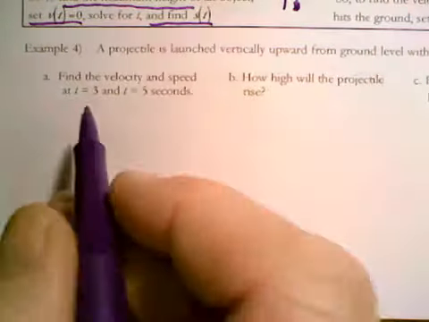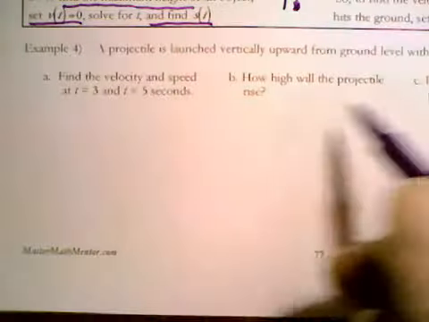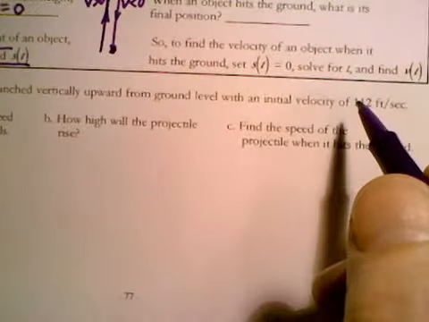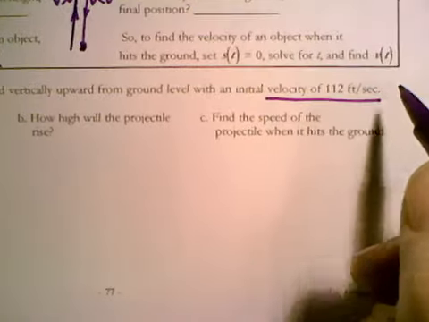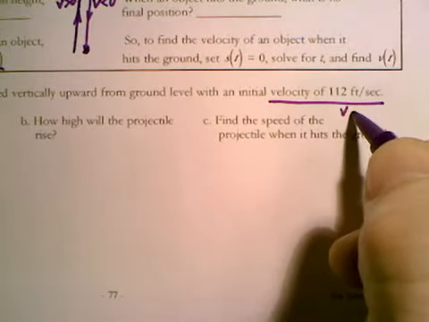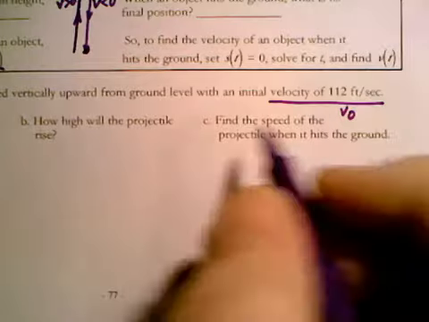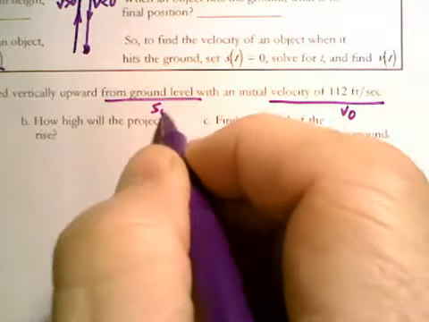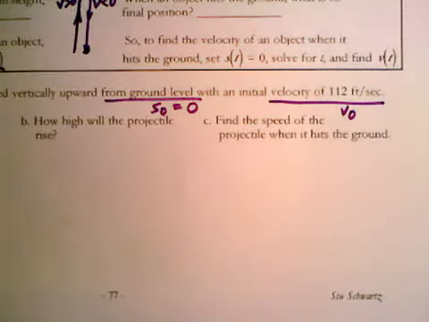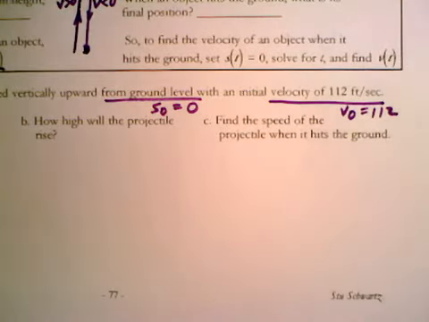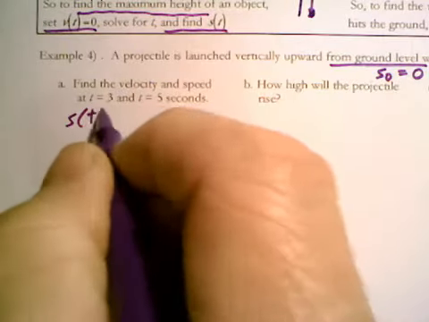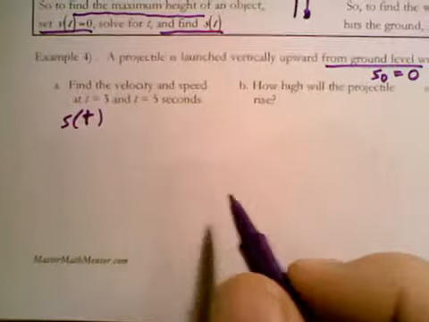The velocity and speed at t equals 3 and t equals 5. Well, first of all, the projectile is launched vertically upward with an initial velocity of 112 feet per second. That's our v sub 0. And from the ground level, that means that s of 0 is equal to 0. So v sub 0 then is 112 feet per second. S of 0 is 0. So we're going to write our position function.